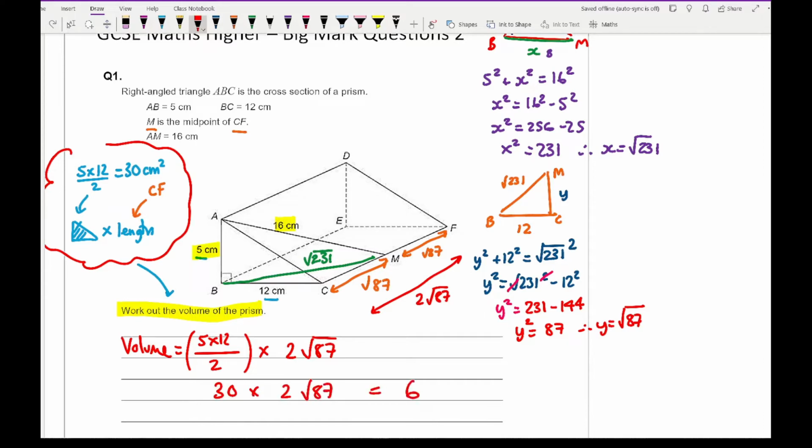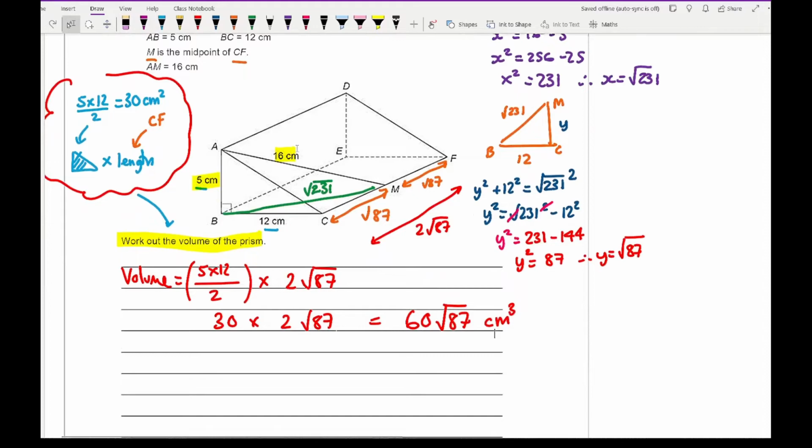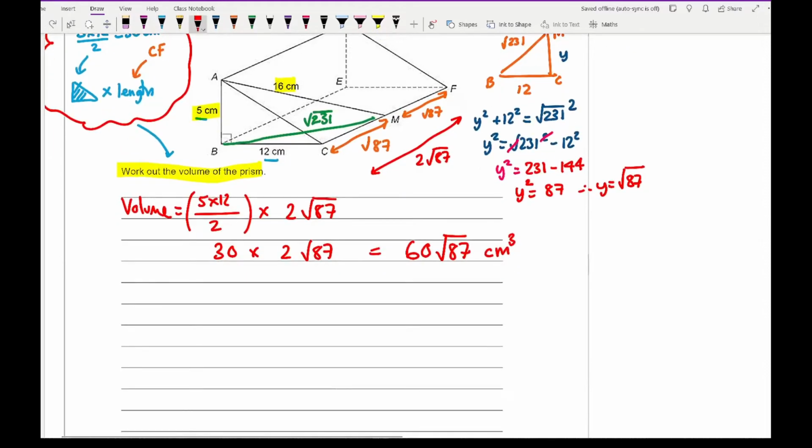So in exact form, it's going to be 60 root 87 centimetres cubed. But if this was on a calculator, so this is an exact form or surd form, I could write the answer as 559.6427, and rounded that is 559.6 centimetres cubed, and that's to 1 decimal place.